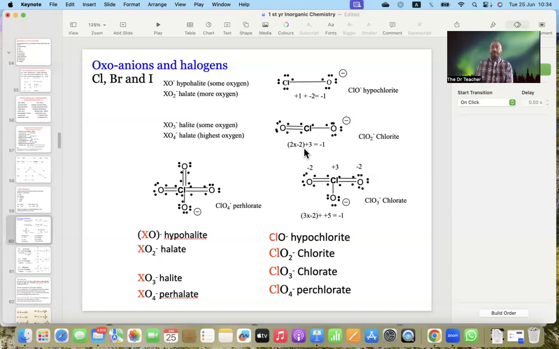Chlorine lost 3, so it's +3. -4 plus 3 will be -1. So the overall charge is still -1 for the chlorite. Okay, if you leave this structure, the lines structure, and come to 2 times 2, 4, and here the 3 of the chlorine, the difference between them is -1.